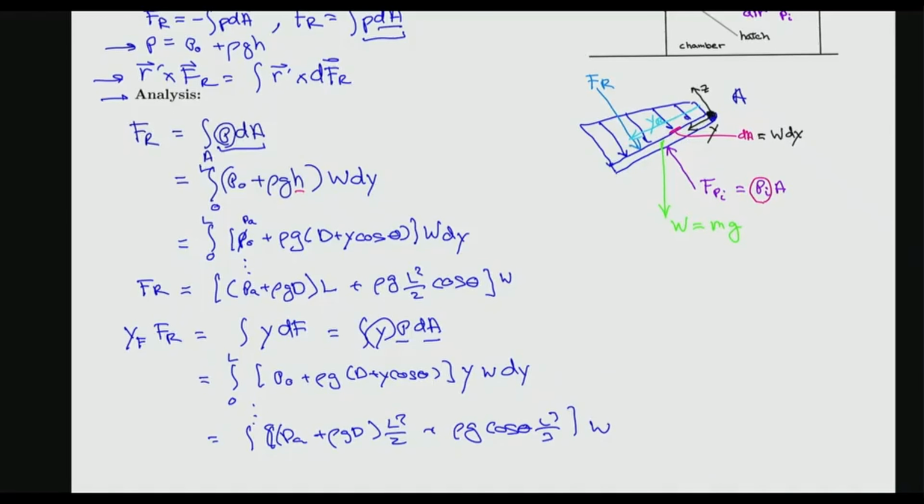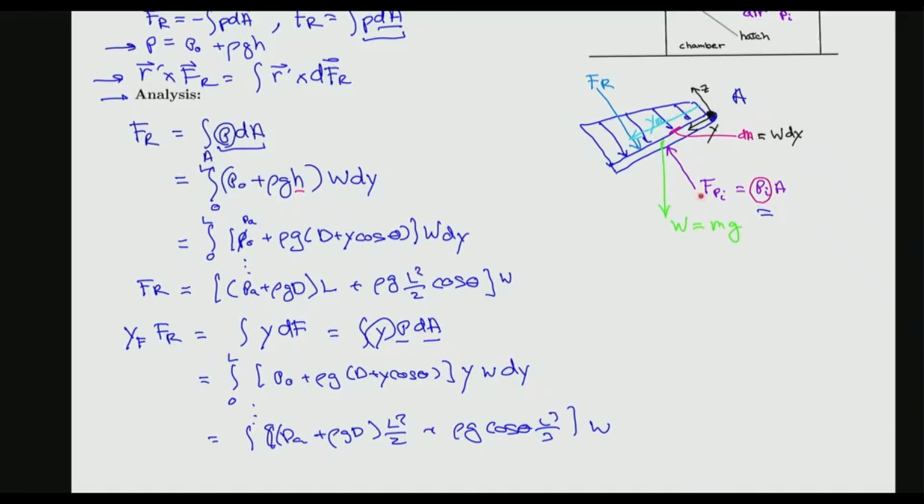Now, where is F_Pi? So we have to evaluate F_Pi here, and we do so by taking moments about point A. Okay, so we have y_R times F_R, or r cross F of the distributed force, which is going to cause a moment in the counterclockwise direction, right?